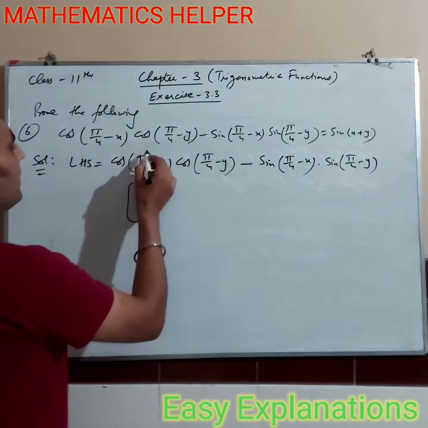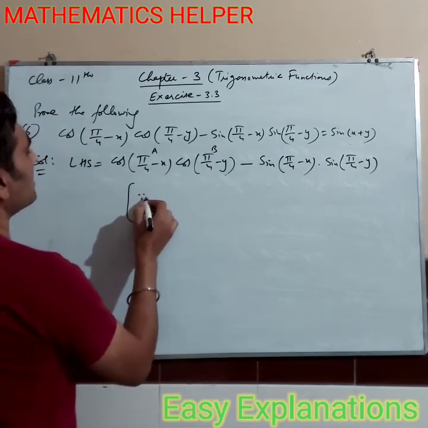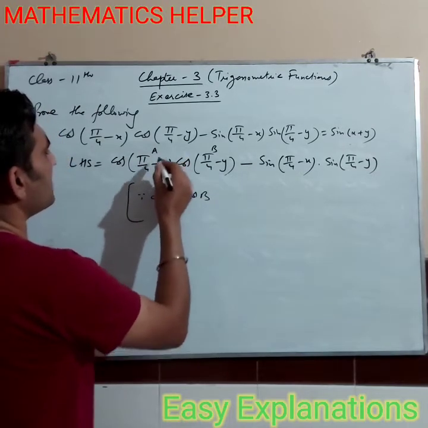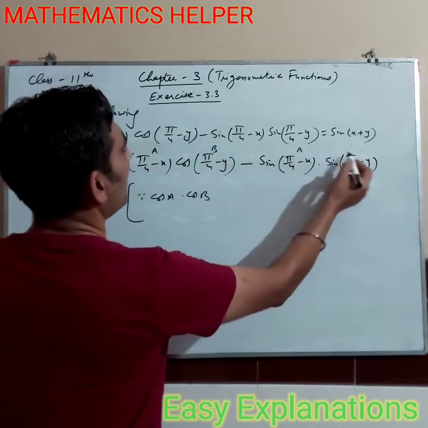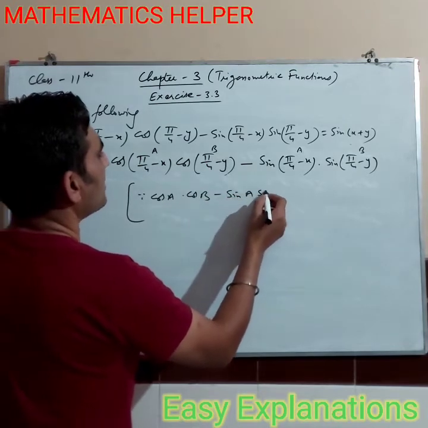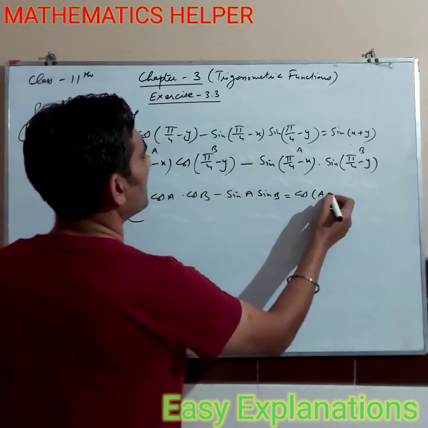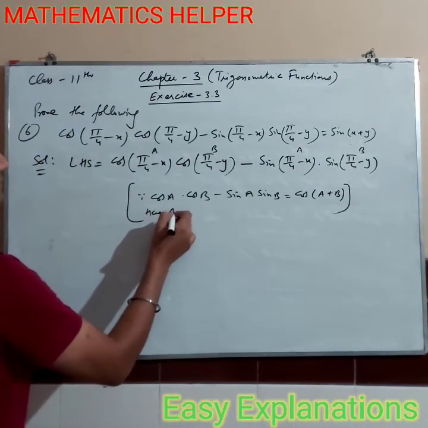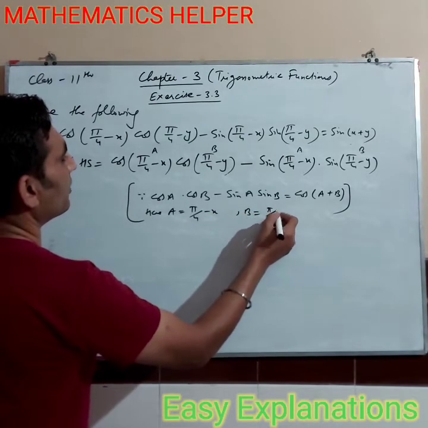Students, if we treat this one as A and this one as B, whole angle pi over 4 minus x as A and pi over 4 minus y as B, it is cos A cos B minus sin A sin B, which is actually the formula of cos A plus B. So here A is pi over 4 minus x, and B is pi over 4 minus y.